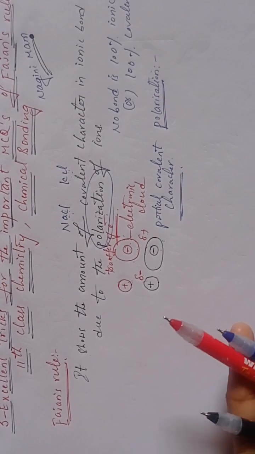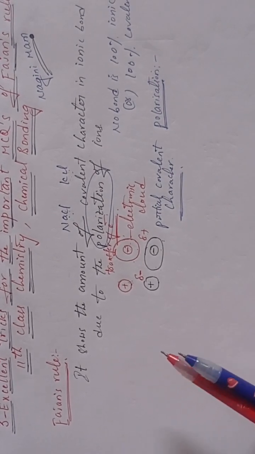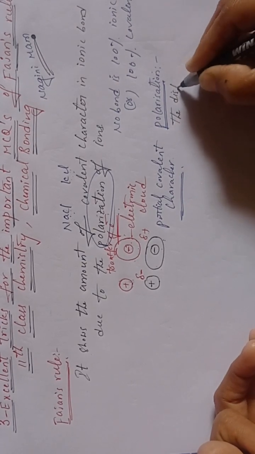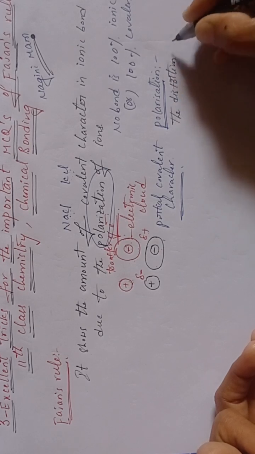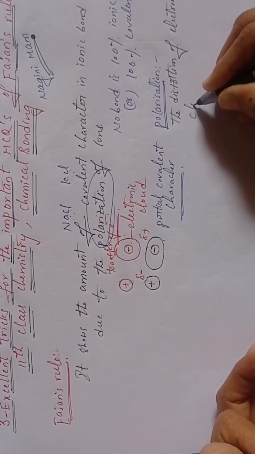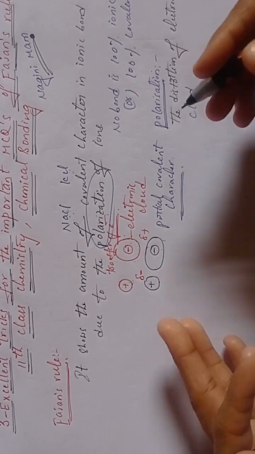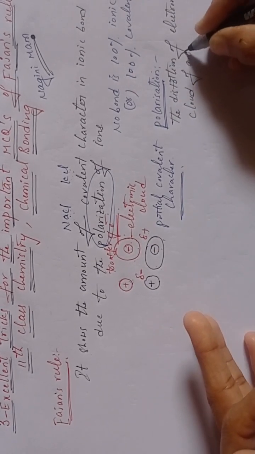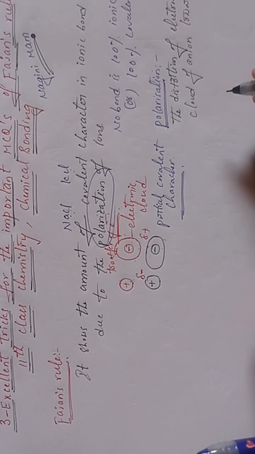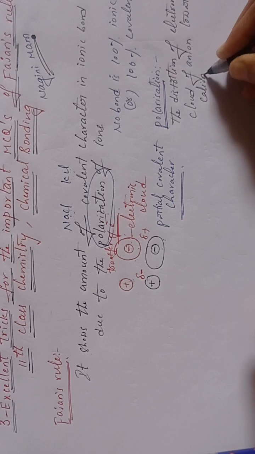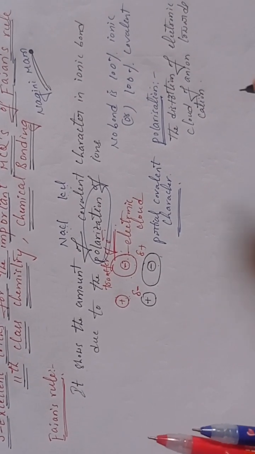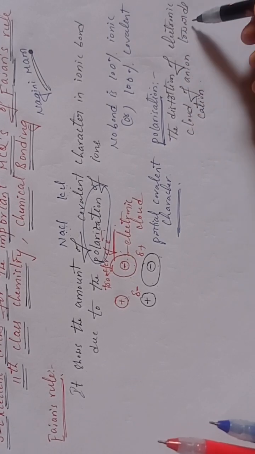Polarization is nothing but the distortion of the electronic cloud of anion towards cation. So this is nothing but polarization, students. The distortion of electronic cloud of anion towards cation.